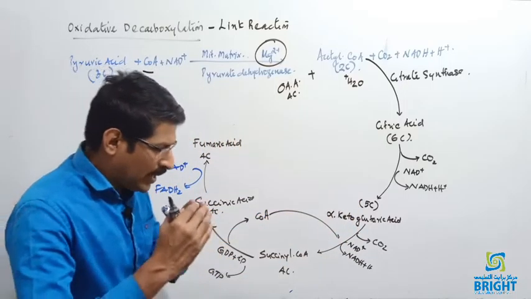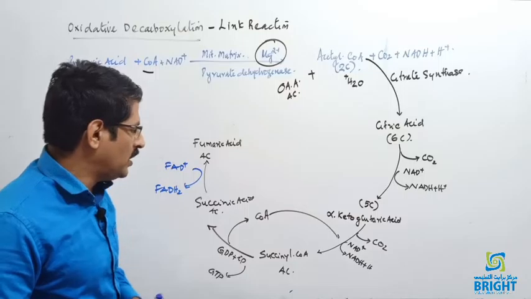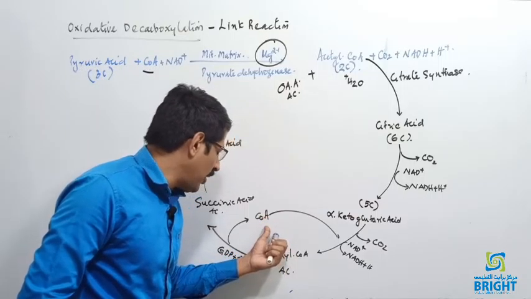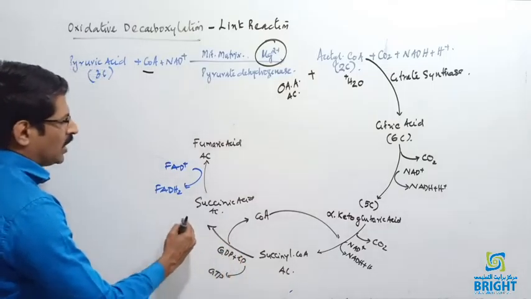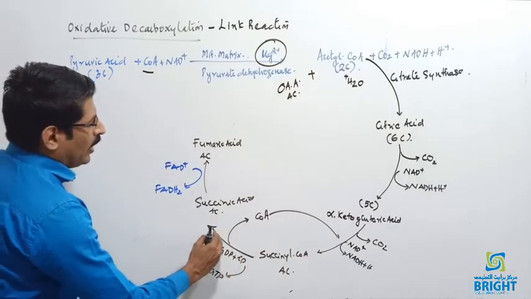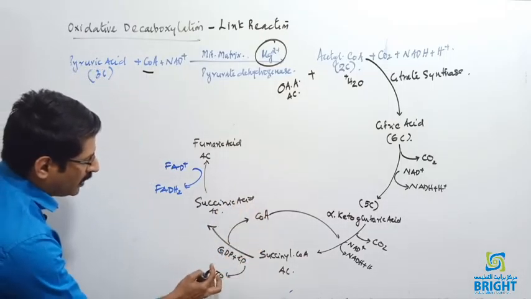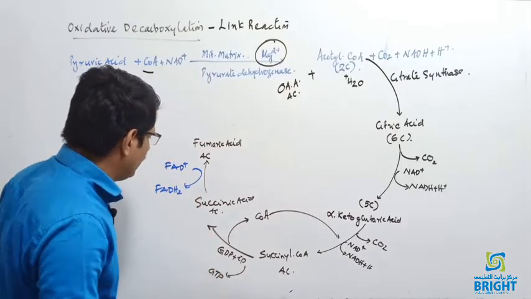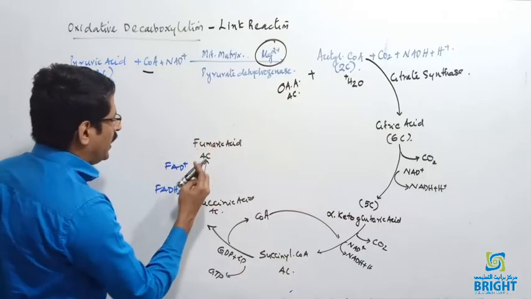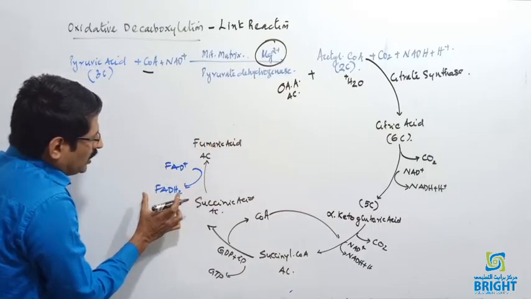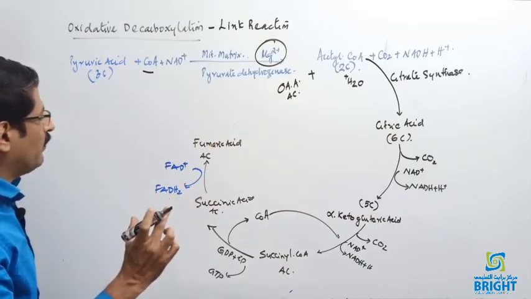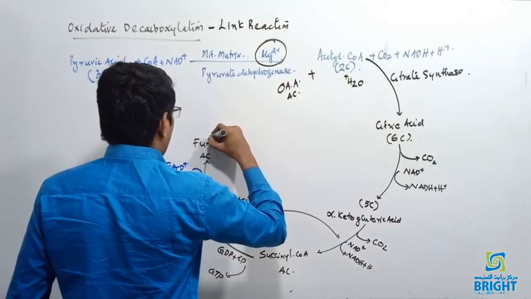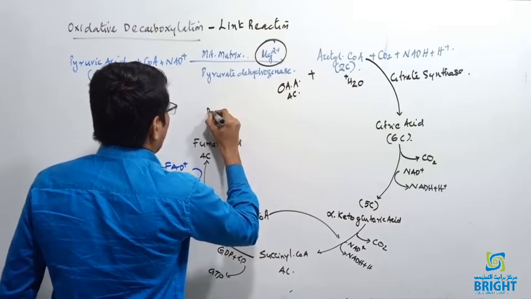And next again one molecule of carbon dioxide is released, and it is converted into succinyl coenzyme A by addition of coenzyme A, and succinyl coenzyme A is converted into succinic acid by the release of coenzyme A along with a substrate level phosphorylation, that is called GTP formation, and succinic acid is converted into fumaric acid. During this stage, FAD+ is converted into FADH2.